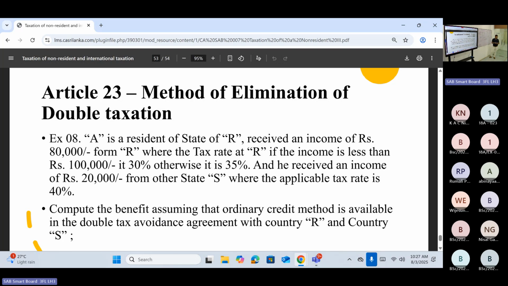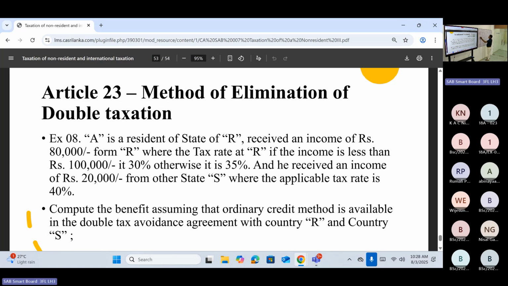How much can he claim right now as tax credit? 7,000. He cannot claim that 8,000. He can claim only 7,000. Now the tax credit is limited to 7,000.